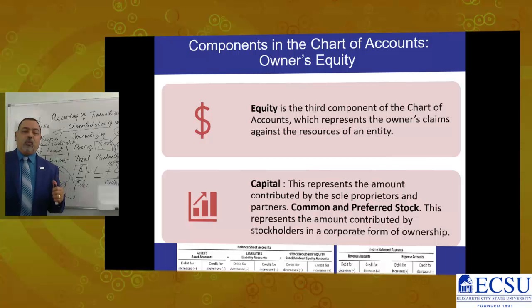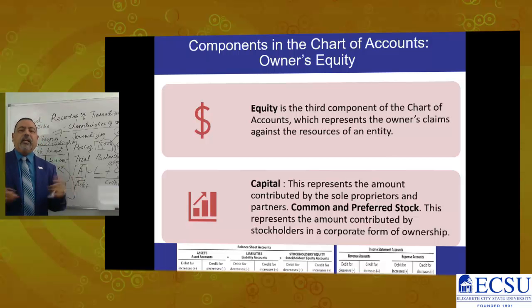If it is a sole proprietorship, we call it capital. Even for a partner, we call it capital. But if it is a company, a corporate form of organization, we could have common stock and preferred stock. So that would be the owner's equity in terms of a corporation.